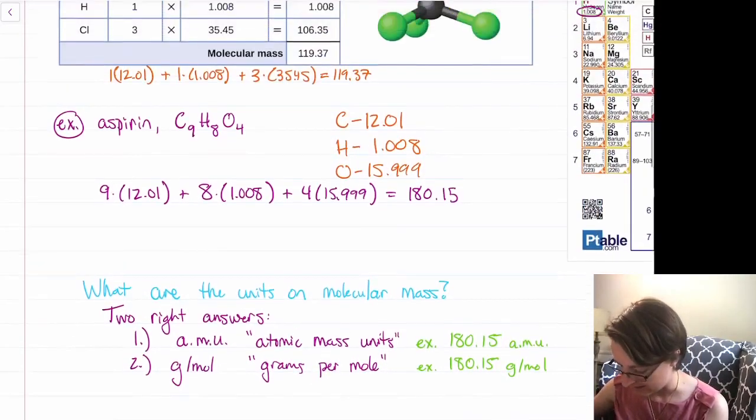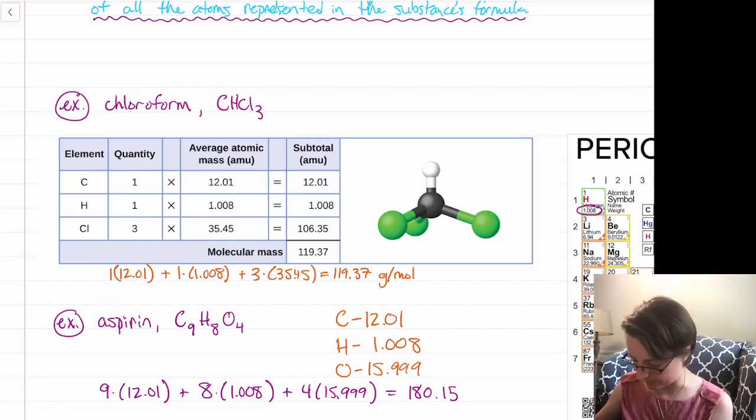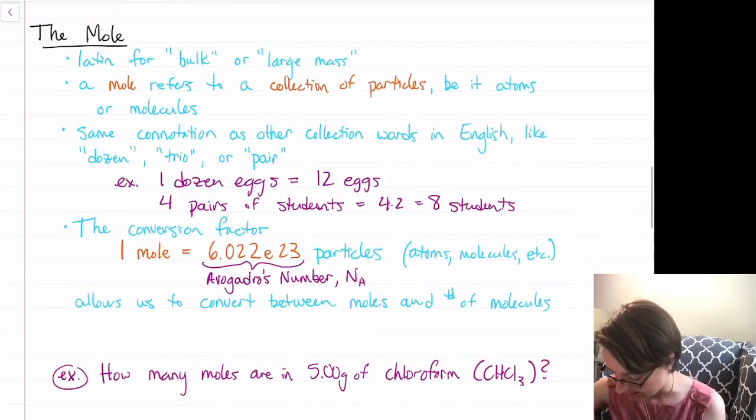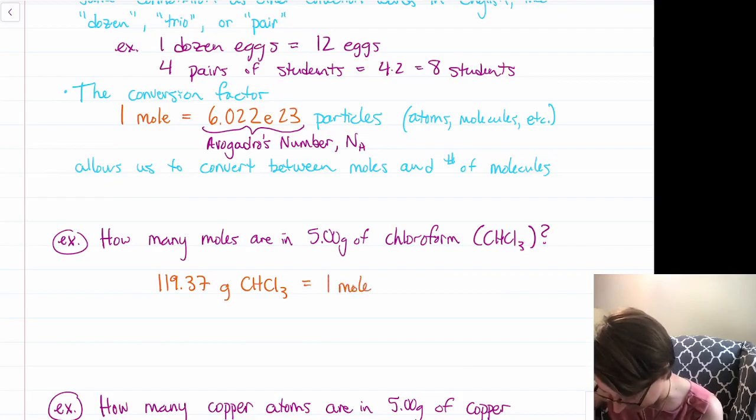We know that there is 119.37 grams per mole of this chloroform. And so we can write that in a variety of ways. I'm going to choose to write that for the purposes of this problem as 119.37 grams of chloroform is equal to 1 mole of chloroform.